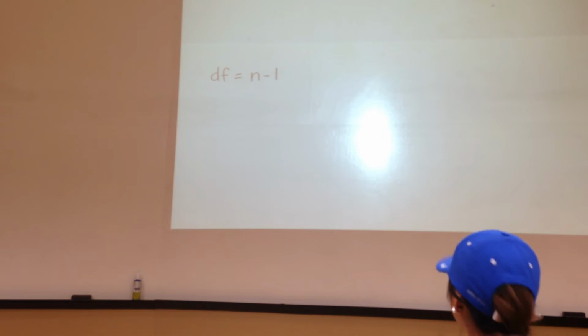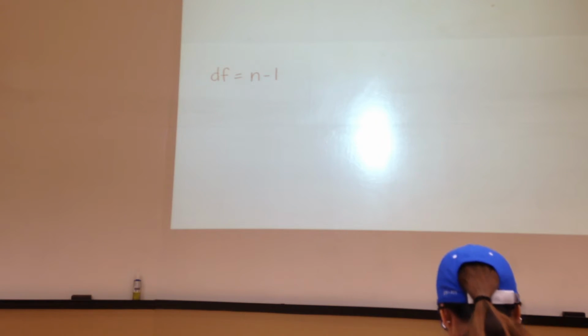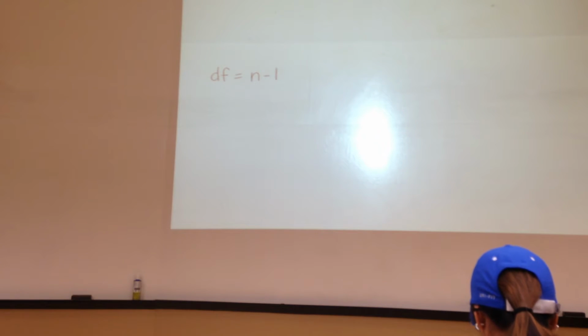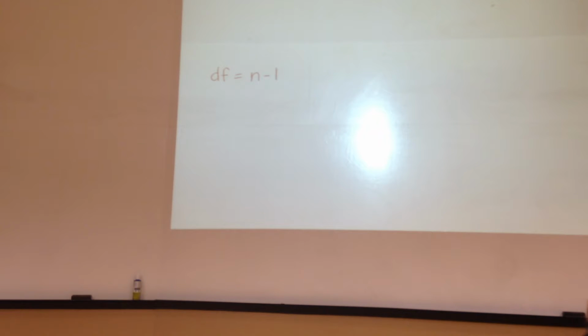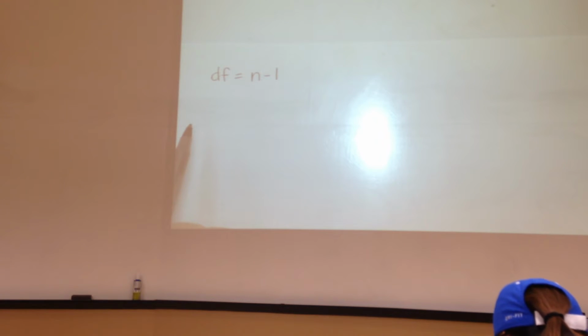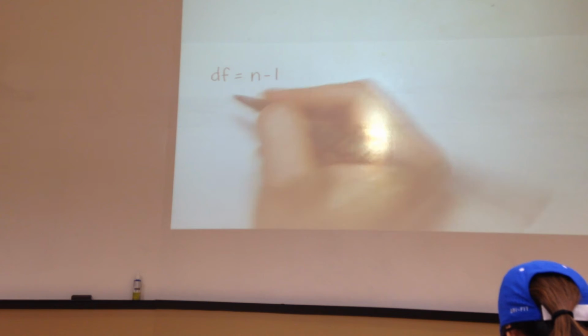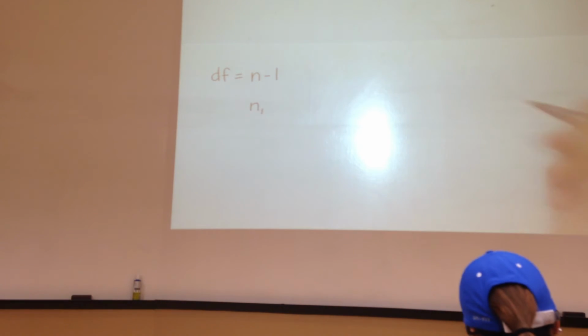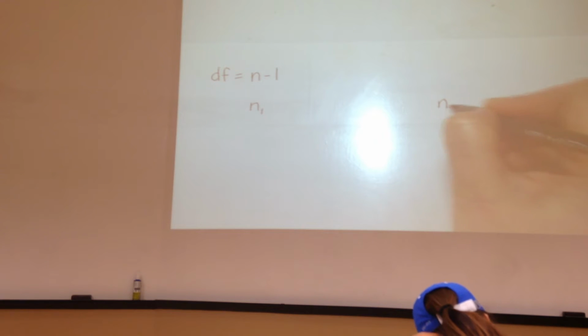Okay, that's one of the more basic formulas for degrees of freedom. There's actually lots of different formulas for degrees of freedom, depending on what statistic you're using. This is how we calculate degrees of freedom for a single sample. But in this study, we don't just have one sample, right? We have two. We have sample 1, and we have sample 2.